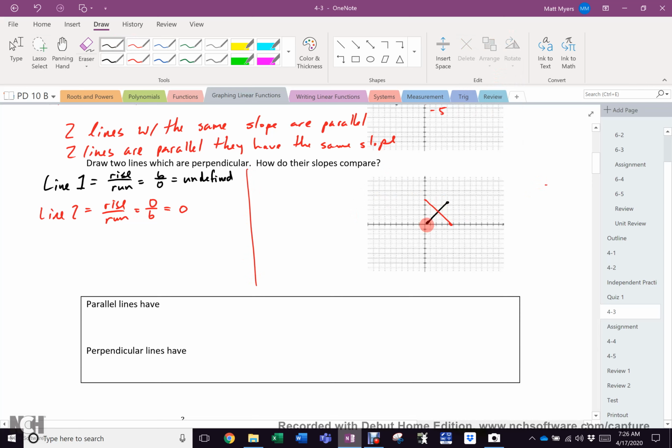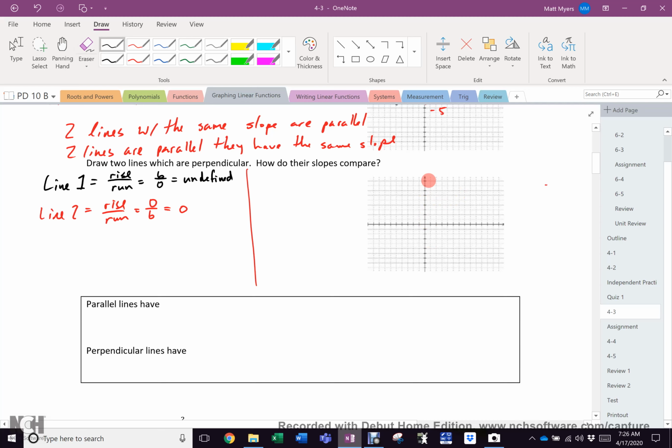Check line 1, the black line. 1, 2, 3, 4. Oh, shoot, I screwed that up. Let's just do 2 different lines. We'll go from here. We'll put a dot up. We'll go up. 1, 2, 3, 4, 5.